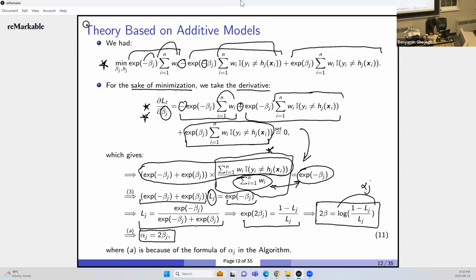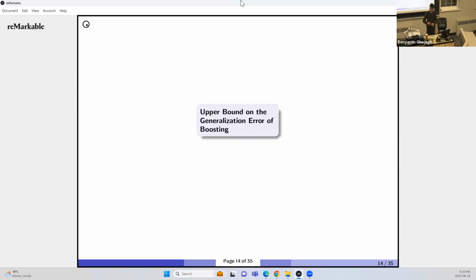Oh, here in equation 11, we found out that alpha_j equals 2 beta_j. So alpha_j and beta_j are both the weights of the linear combination in the boosting, in the additive model. So we proved the formulas of AdaBoost.